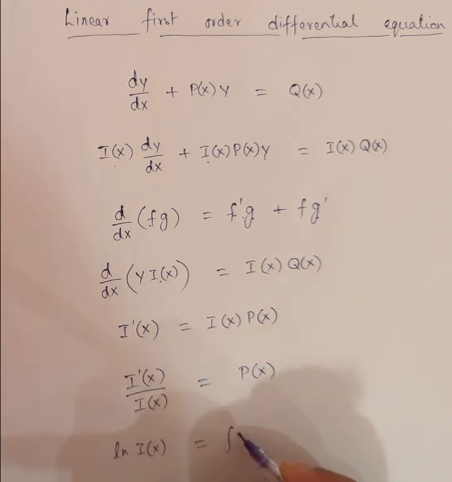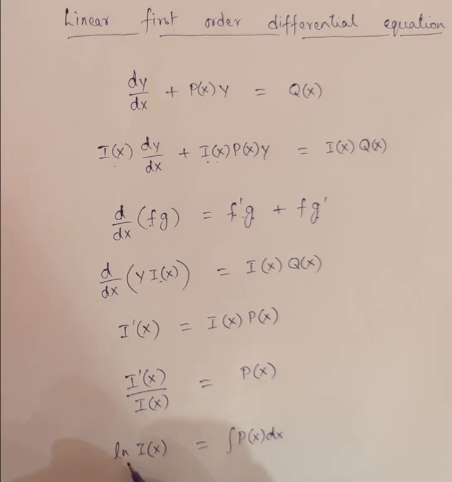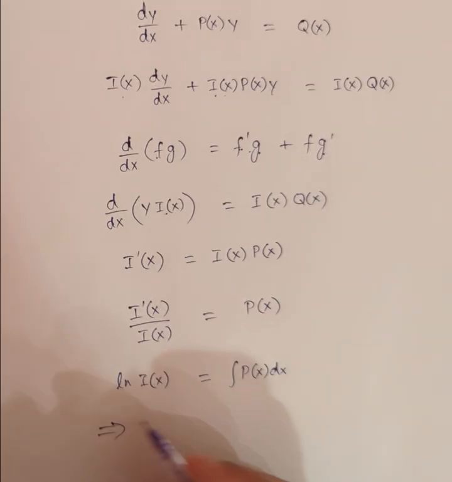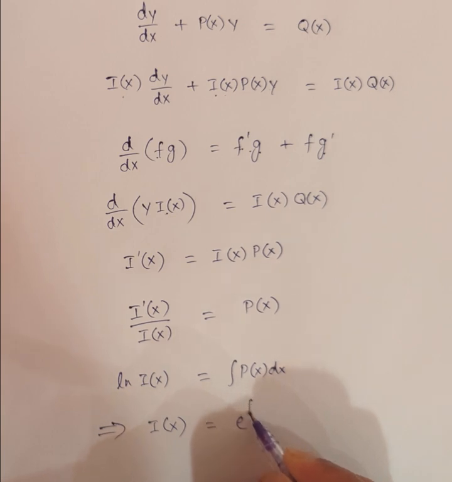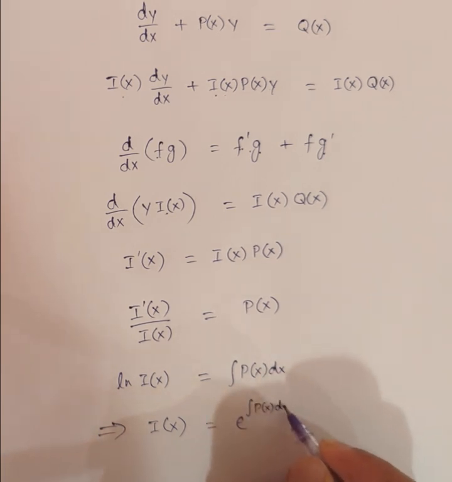And this is the integral of p of x. And that means I can solve for I of x. I of x is simply e to the power of the integral of p of x dx.